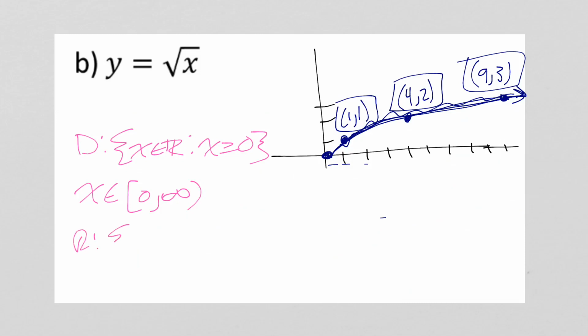Range, we're talking y values in the set of real numbers, such that y is greater than or equal to 0. And in interval notation, y is in the interval from 0 to positive infinity. So notice the domain and the range are the same. We're talking about all positive numbers, including 0.